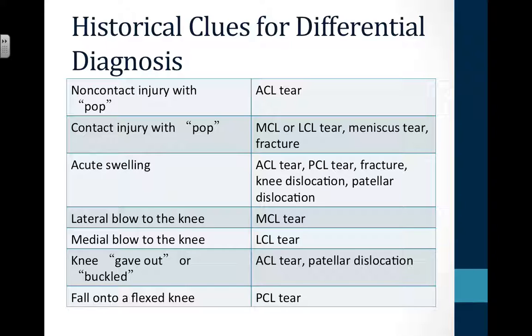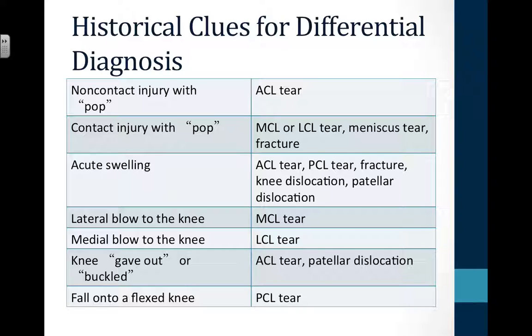A patellar dislocation and subluxation can also cause significant swelling. If you have a lateral blow to the knee, which makes sense for the mechanism of injury, you would indicate an MCL tear. Opposite, a medial blow to the knee would be an LCL tear. Check those two motions, and we should inadvertently understand why this makes sense.